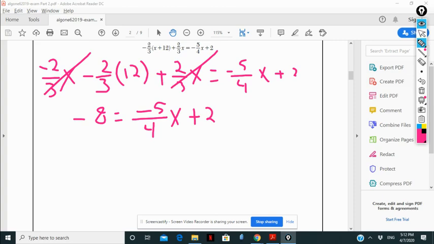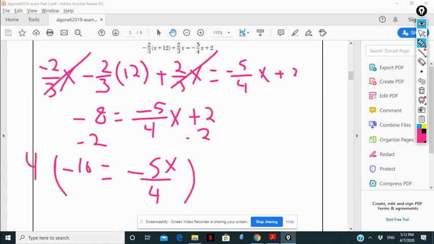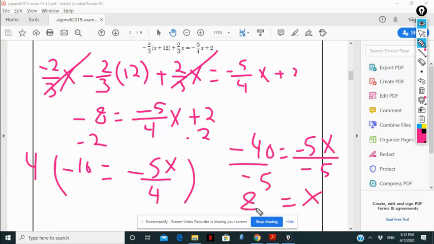I can subtract both sides by 2, so -5x/4 equal to -10. Multiply both sides by 4, so -40 equal to -5x, divided by -5, x equal to 8. X equal to 8.